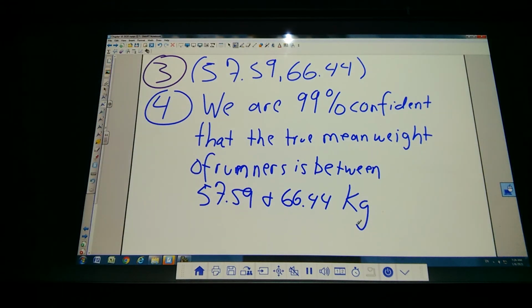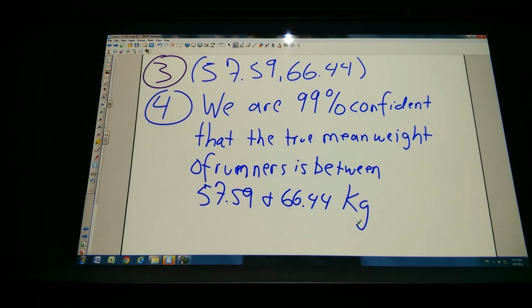And that's a 4-step process. I'm not going to go into any more explanation about things. Boom, that's beautiful. 4 steps, 1 sample mean.